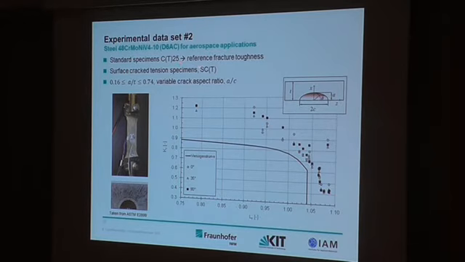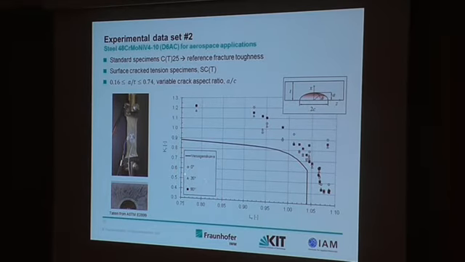We use those results as reference fracture toughness. And there were also a lot of surface crack tension tests on semi-elliptical cracks with different depth and different aspect ratio. And if we plot now these results in the failure assessment diagram, we get always a conservative prediction.